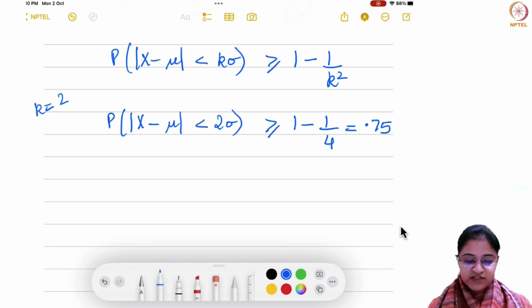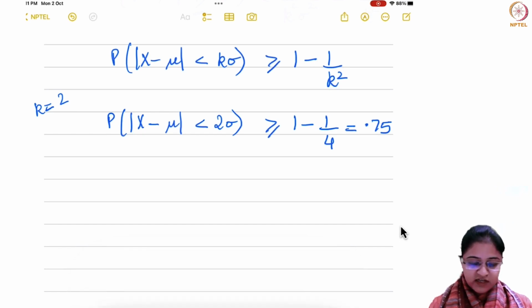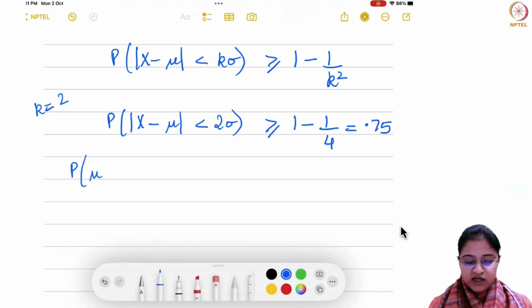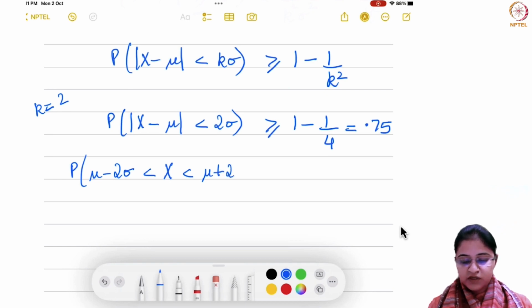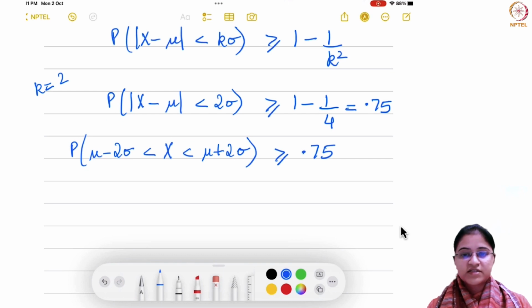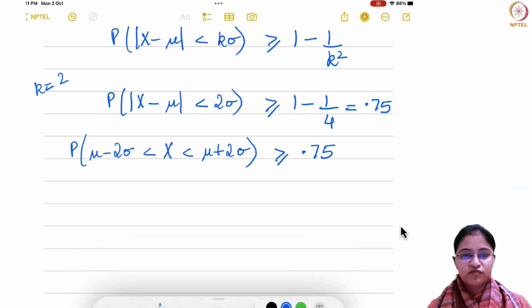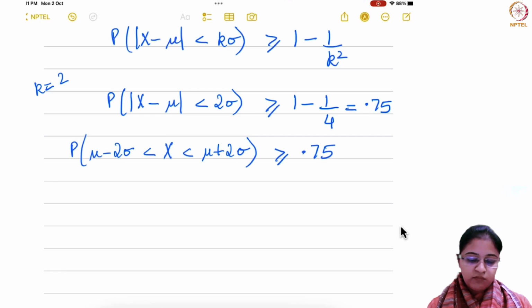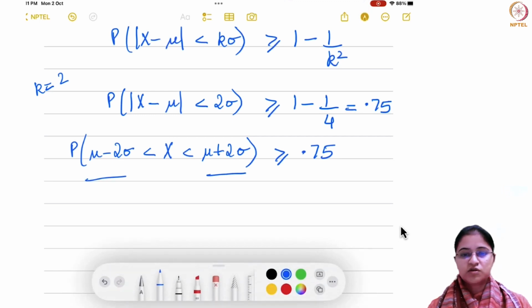If you expand the left hand side, it gives you that x falls between mu minus 2 sigma and mu plus 2 sigma. This probability is at least 0.75, or you can say that at least 75% of the observations fall between mu minus 2 sigma and mu plus 2 sigma. And this is what your result over there mentioned.